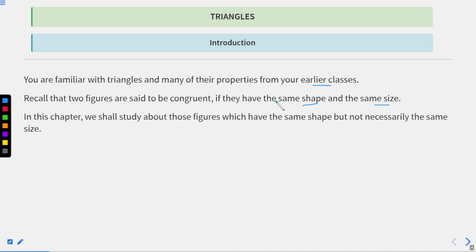In this chapter, we shall study those figures which have the same shape, but not necessarily the same size.